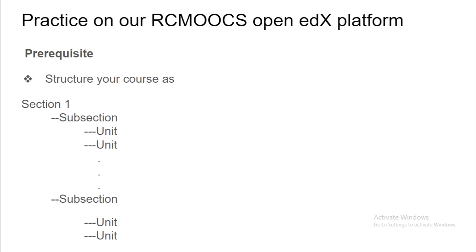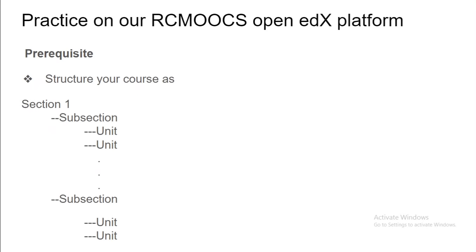Before going to this RC MOOCs Open edX platform, just structure your course in this format. Take your syllabus and divide it into different sections, divide each section into subsections, and finally each subsection should contain units. For example, I will take an example of my own subject.